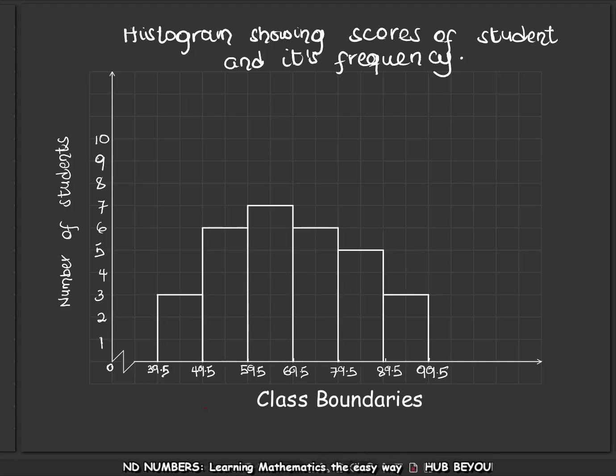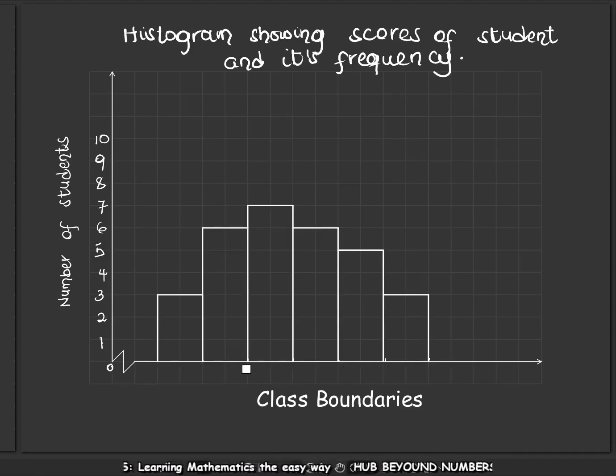Now, it is no different if we are to use the class mark. The only thing is, for the class boundary, we made sure each boundary of our bar had the what? The upper limit and then the lower limit, you see. But if you want to use the class mark, so all we need to do is to clean this from here.